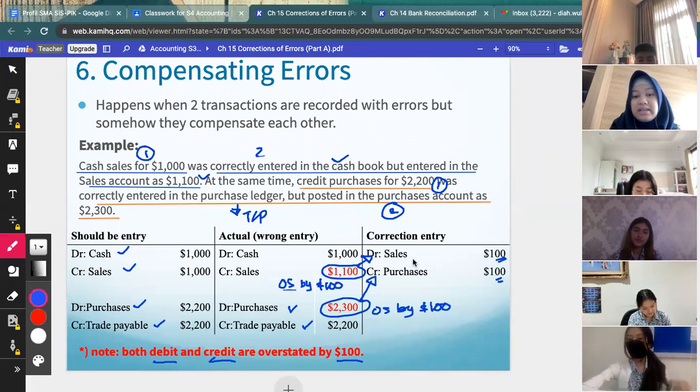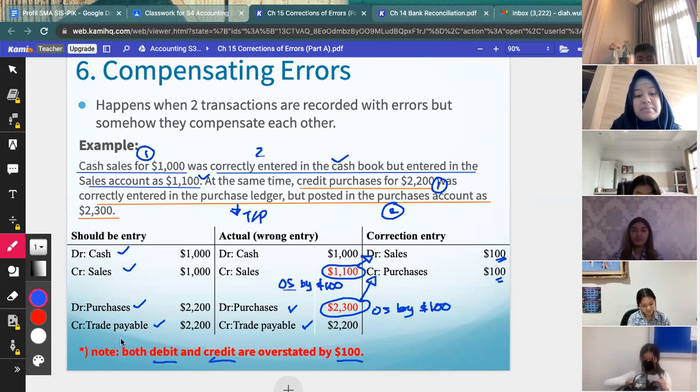After you create this, the actual are now equal with the should be. Once again, compensating errors. There are two different transactions that happen in the books, but somehow they make errors of the same amount on different sides.